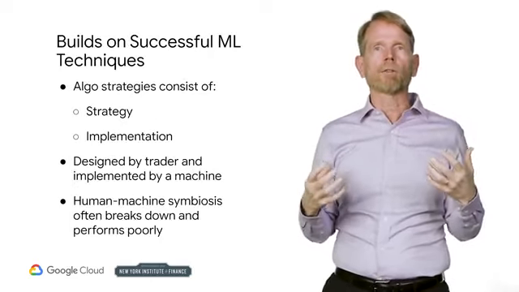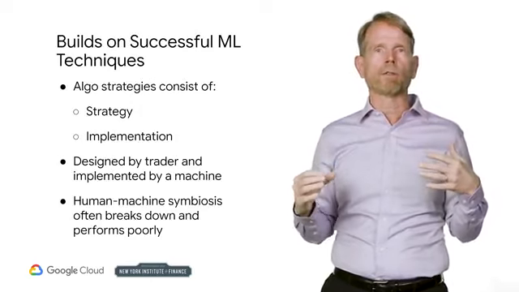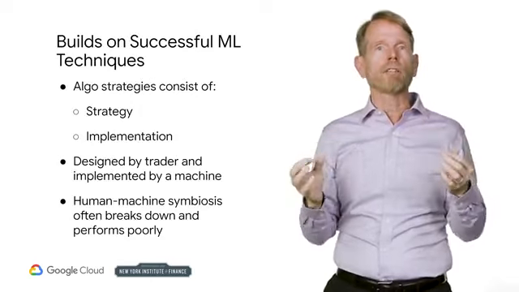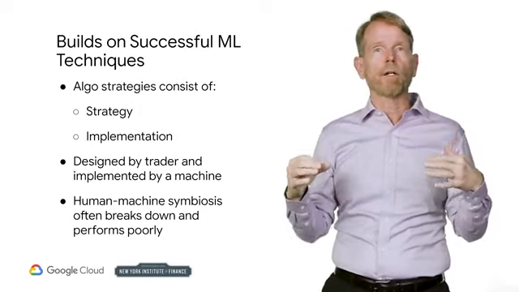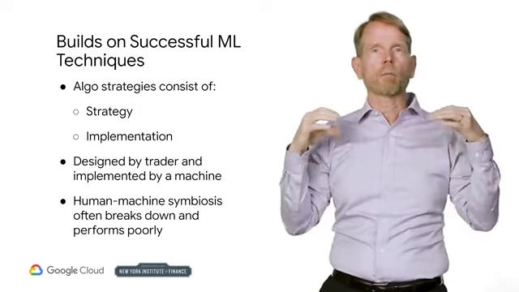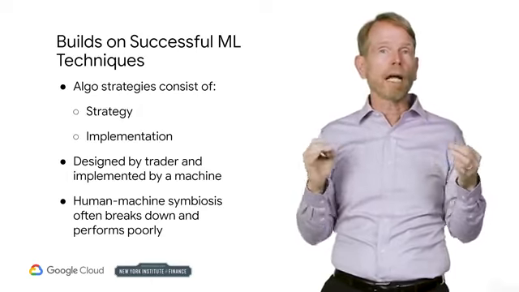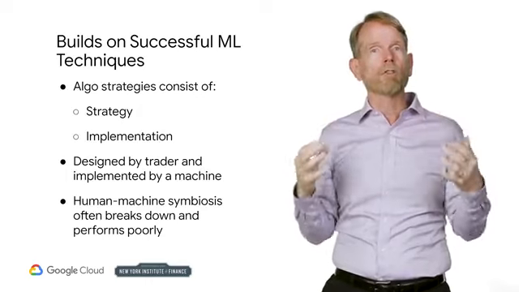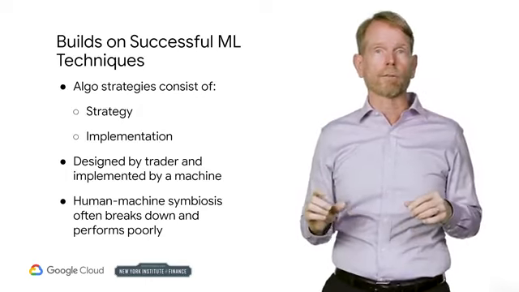Existing algorithmic models are designed with two main components: strategy and implementation. The strategy is usually designed by the trader, while the implementation is handled by the machine. In reality, there are autonomous trading mechanisms, although most of them still need some human guidance.